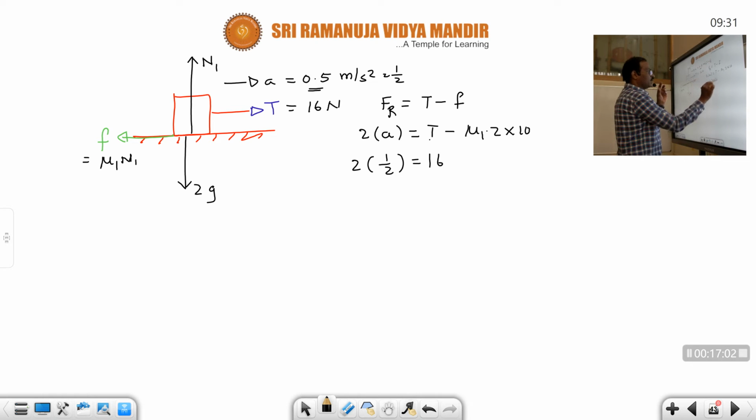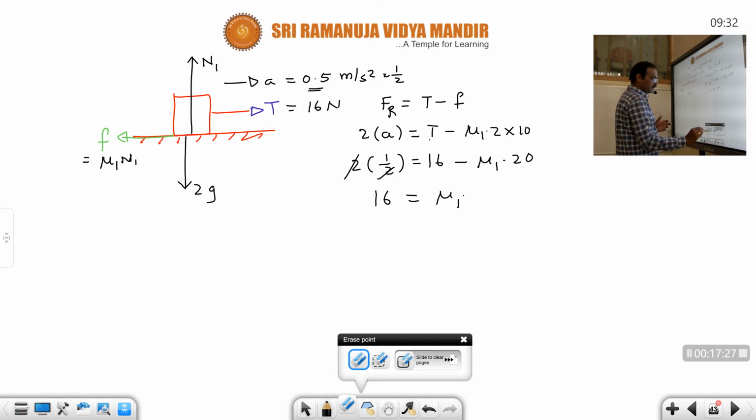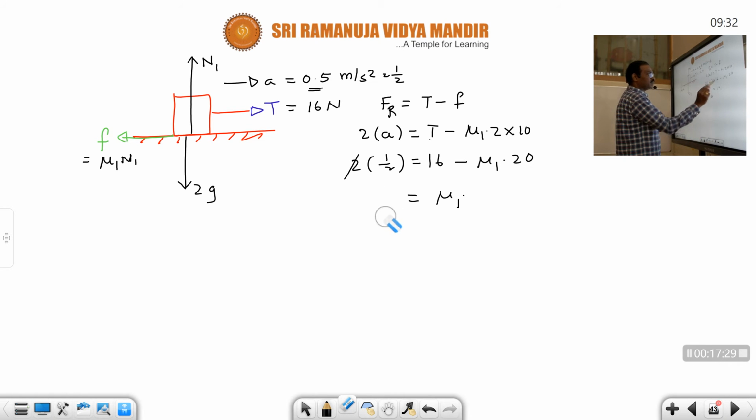And the T value 16 I am going to substitute, minus mu1 into 20. 2 into 1 by 2 is 1. Here 16 minus 1 is 15, equal to mu1 into 20.